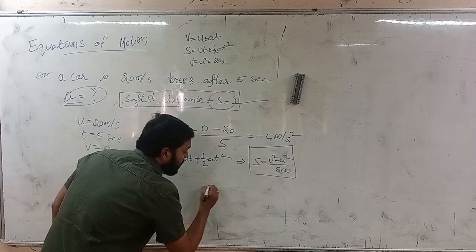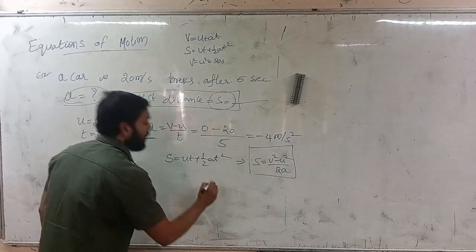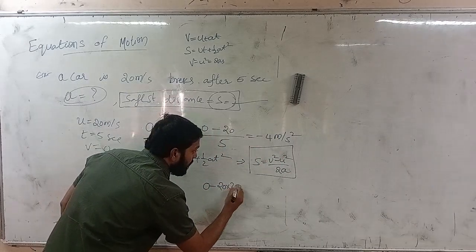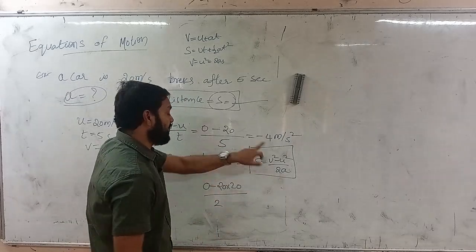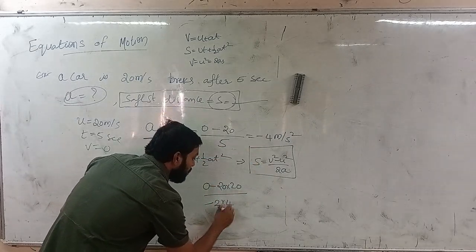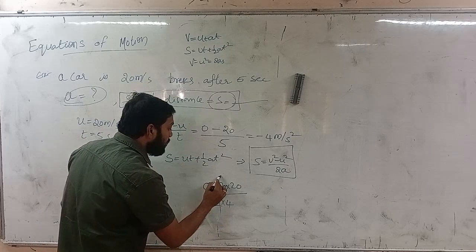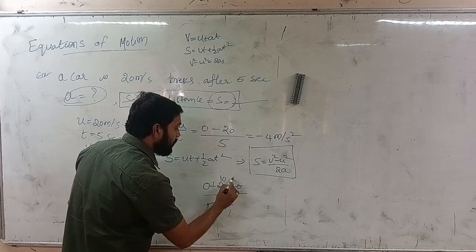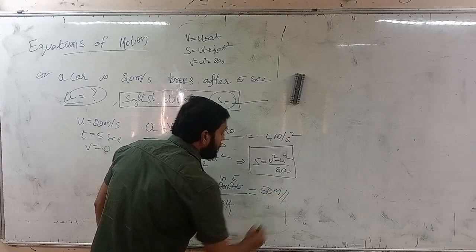So v square is equals to 0 minus u square. U is how much? 20. So 20 into 20 by 2 times of acceleration. Acceleration is how much? Minus 4. So minus into minus will get cancelled out. 2 fours are 8, 400 by 8, the answer will be equals to 50 meters.